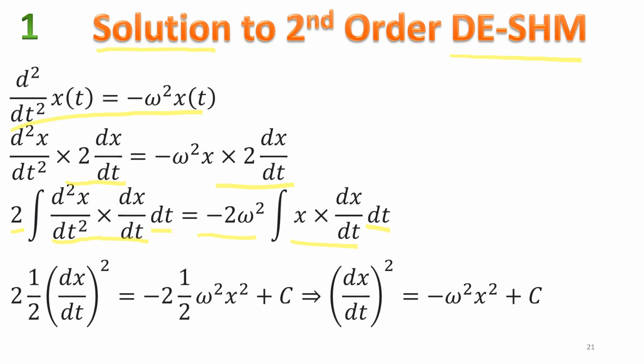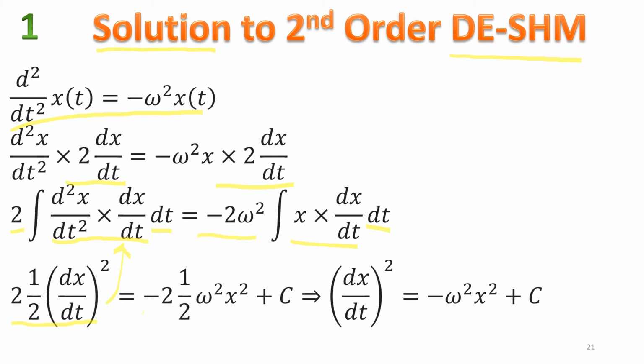Now the integration we have in the standard form is 2 times 1 by 2 dx by dt whole square. So now if you differentiate this equation, you will be able to reach this equation. So you can verify.